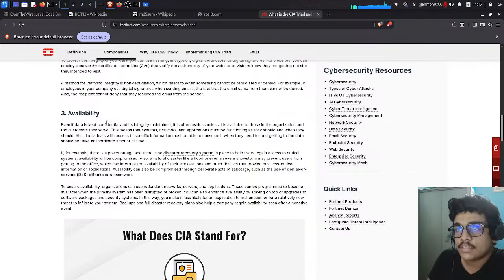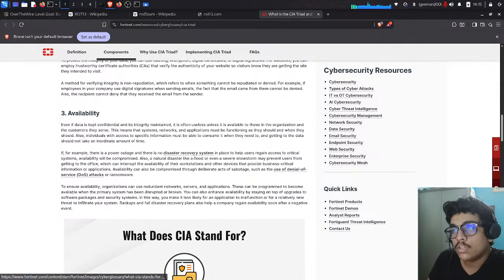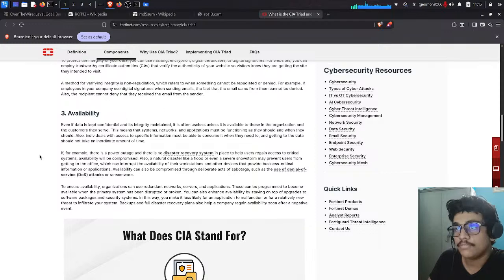Even if data is kept confidential and its integrity is maintained, it is often useless unless it is available to those in the organization and the customers they serve. For example, if a hacker has compromised a system and deleted all the data, then even if you have the credentials and access the account, the data is not present when you need to share it with another party.